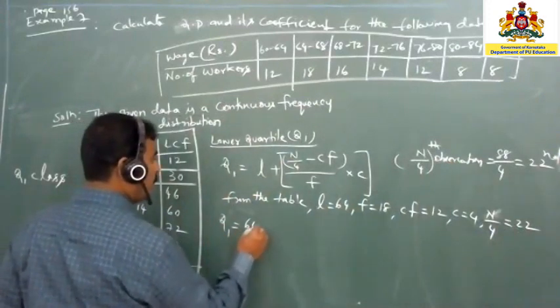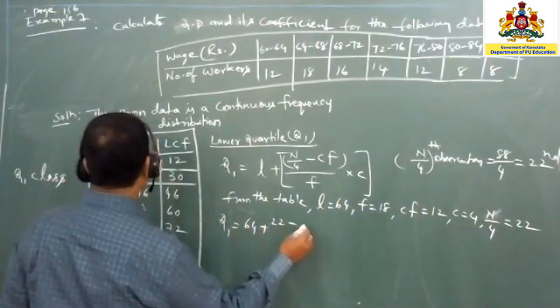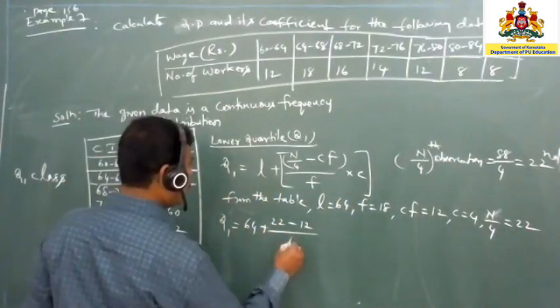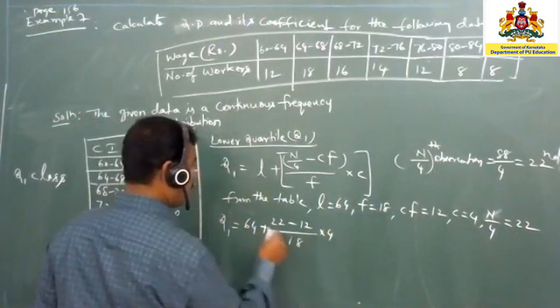L is 64 plus 22 minus CF 12 by F 18 into 4.